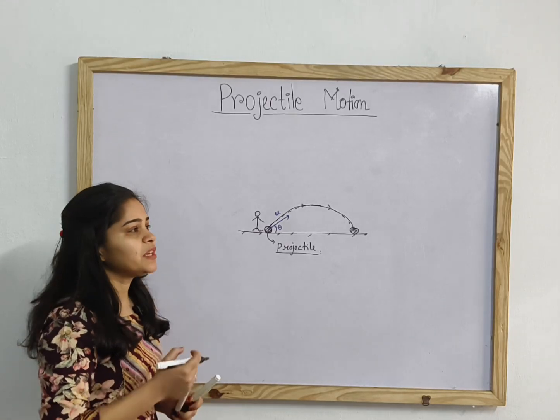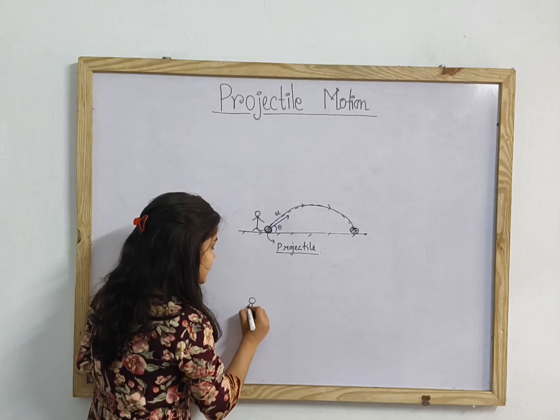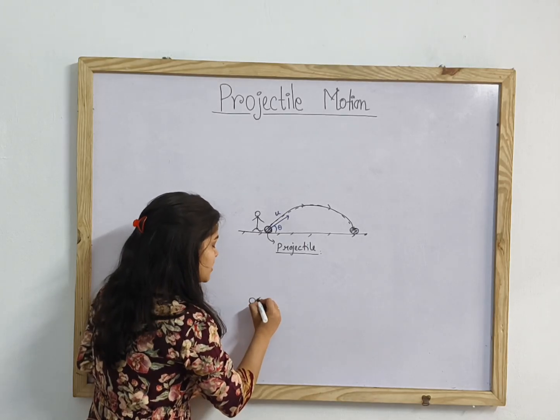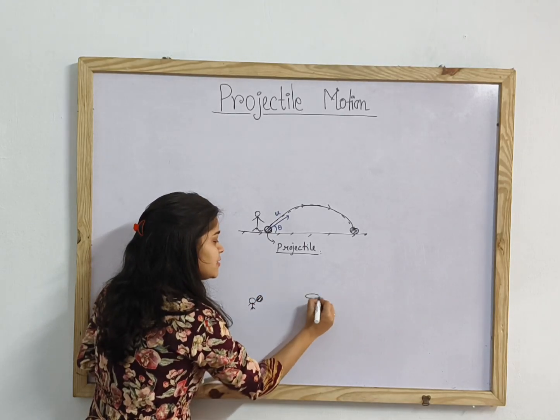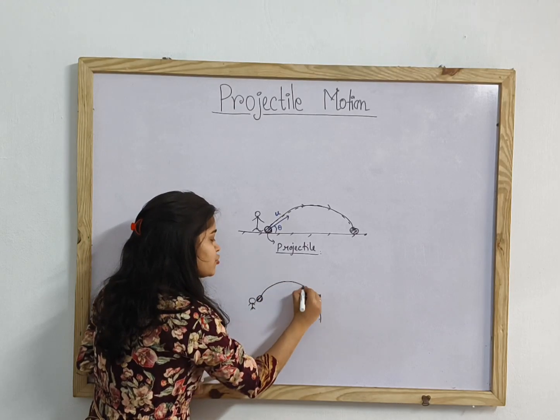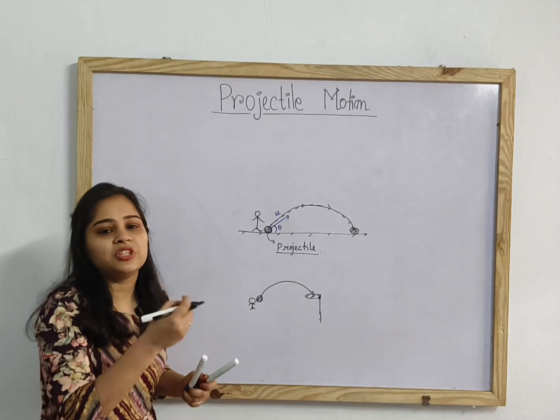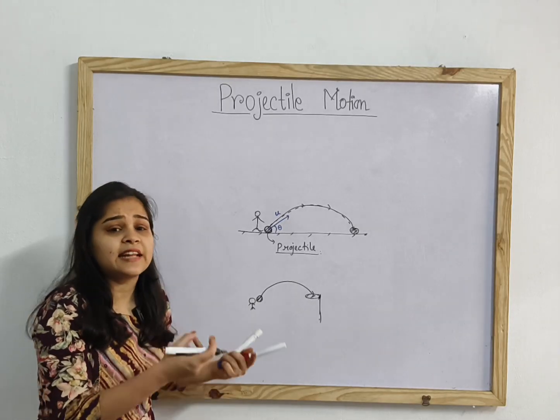Another example: suppose a basketball player. Suppose you are standing here, you are throwing a basketball, and there is this kind of arrangement, and you are throwing the ball in a certain direction, with some initial velocity and at a certain angle.